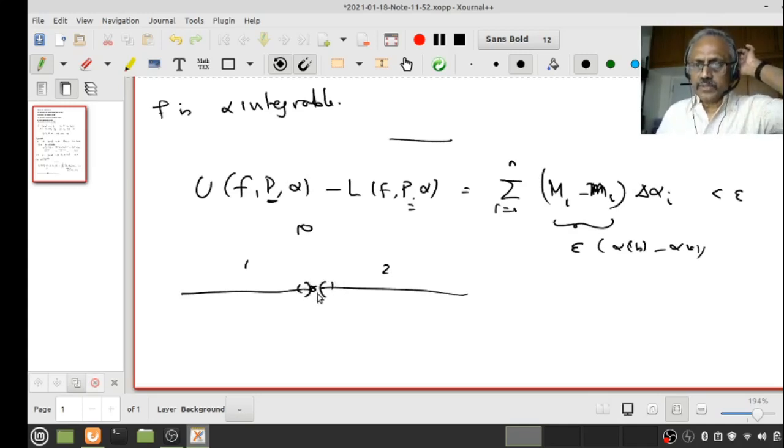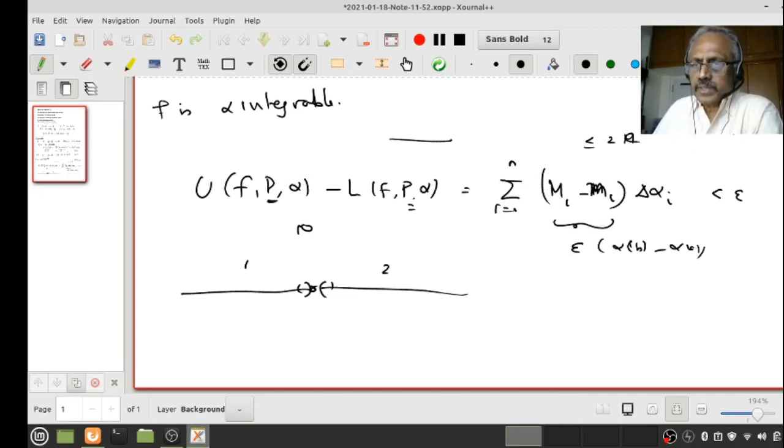Whatever small interval I have, there is no way I can bring it down to small. So in such cases, the strategy is that M_i minus m_i, in modulus, will be less than or equal to 2 times M, where M is the modulus bound, or if you want, 2 times c.